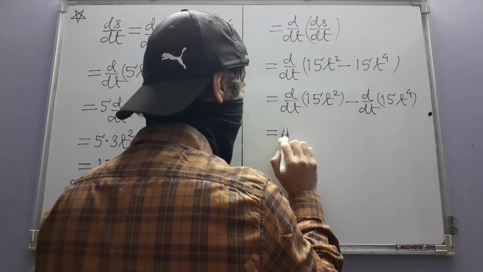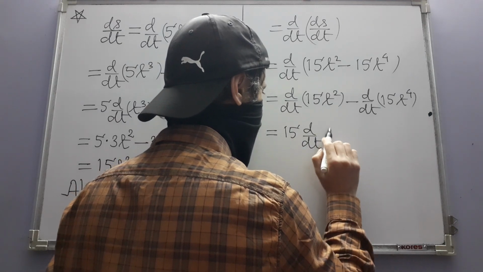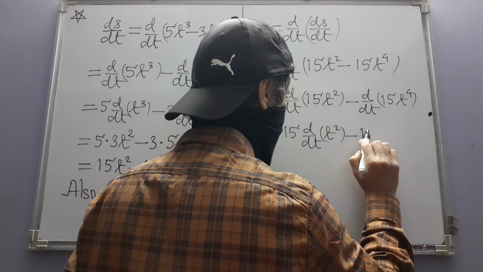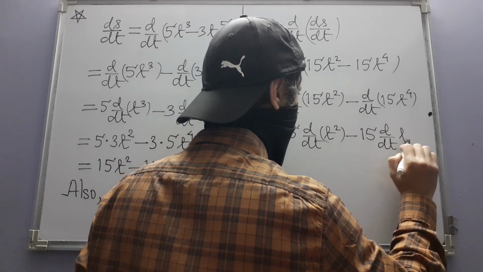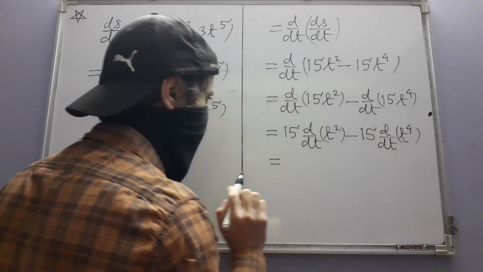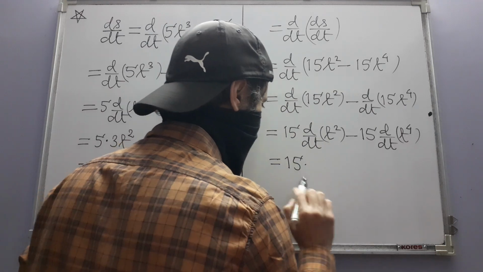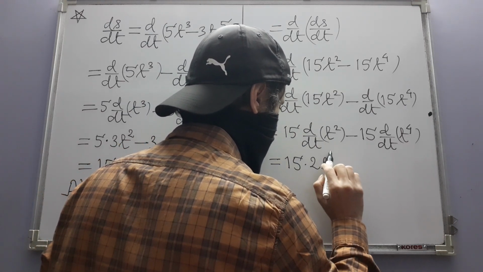So 15 comes outside, t squared minus here also 15 comes outside, t to the power 4. And then the power rule will be used and we will get 15 times 2 comes first, followed by t with 1 exponent less.